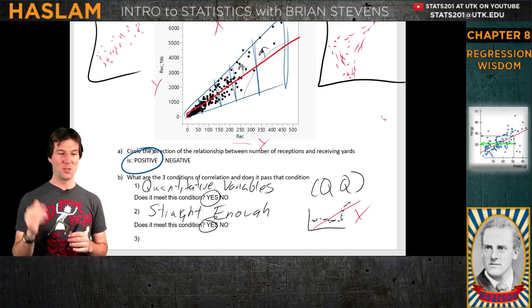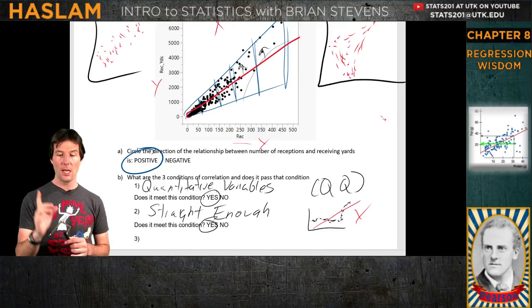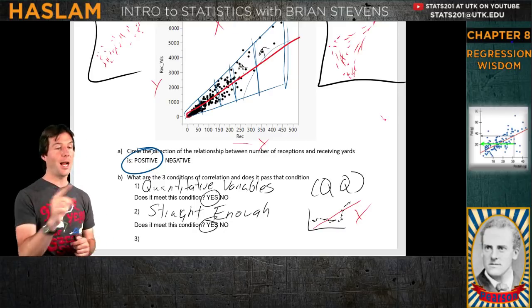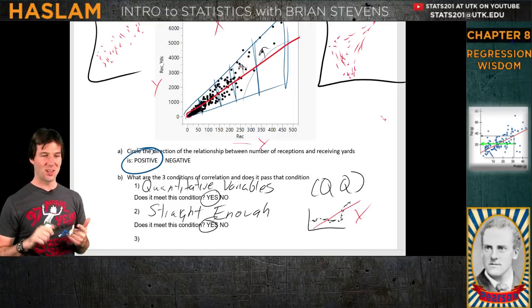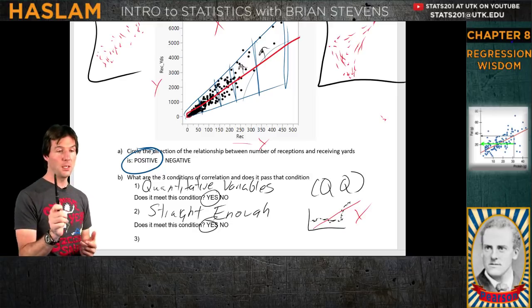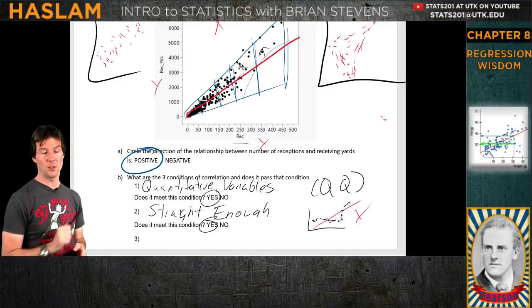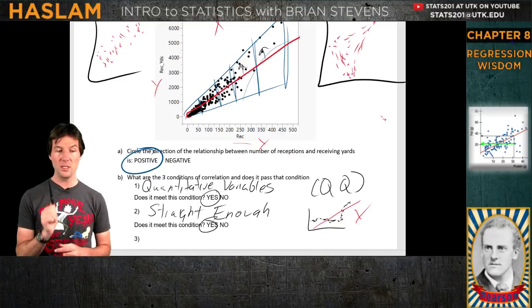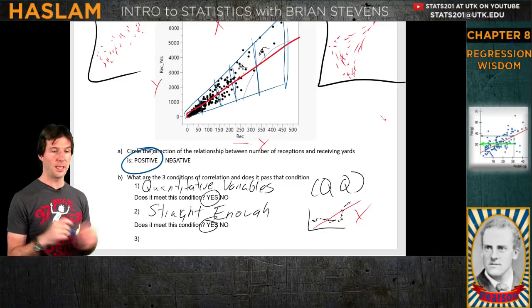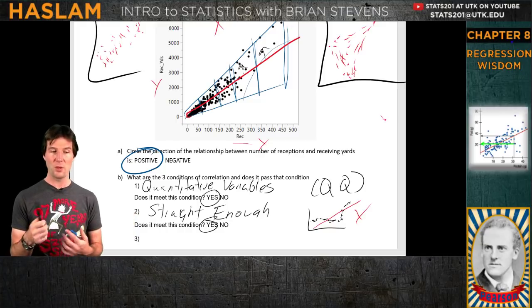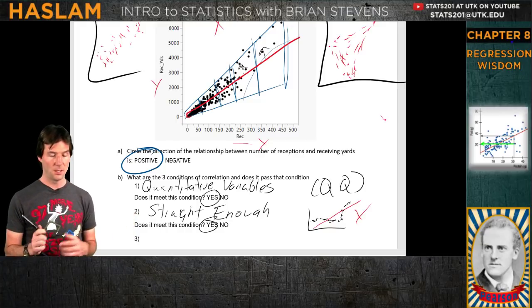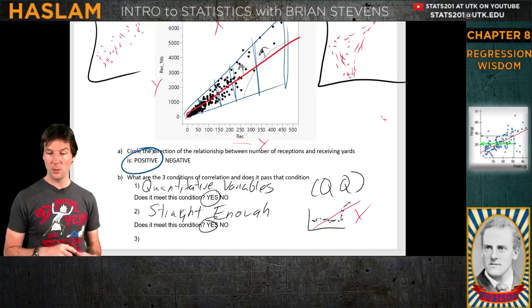But please look at your tests when they're graded. If you put linear, I would accept it. I always say QQ, straight enough, no outliers, plot doesn't thicken, but linear I would accept, and I hope our graders accept also. So please look at your test. If you put linear and the line well approximates the relationship between the two variables, that's good. This counterexample over there on the right would not be.